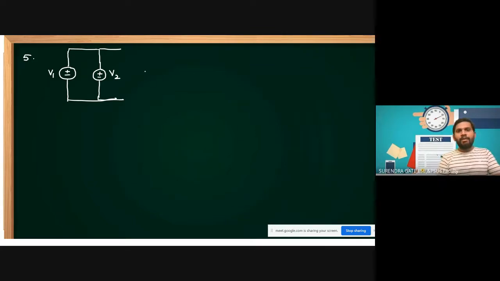Then it is equivalent to which one, students? It is replaced by one voltage source, but the condition is V1 must be equal to V2.